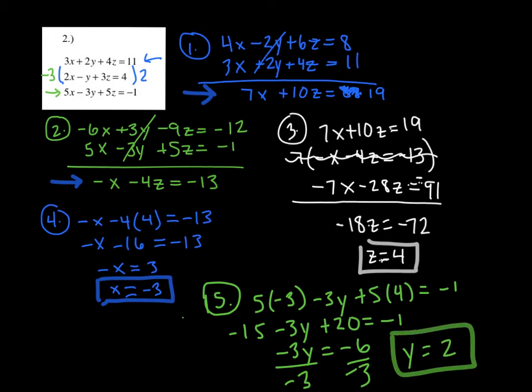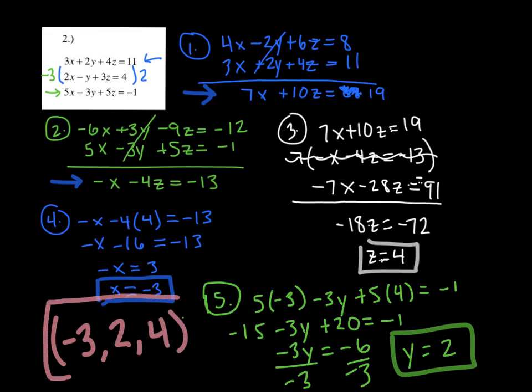So our ordered pair here, or ordered triple, even I have trouble remembering that it's called an ordered triple, is going to be in order x, y, z. So -3, 2, 4.